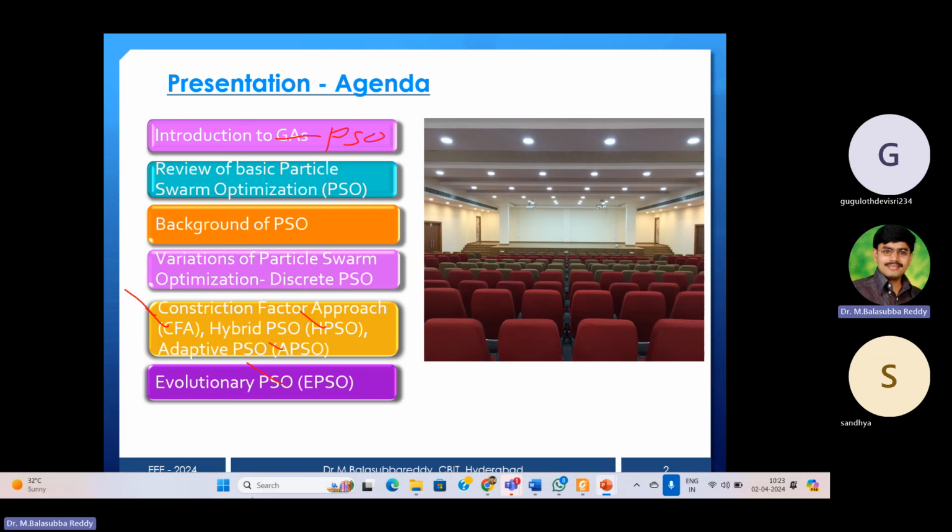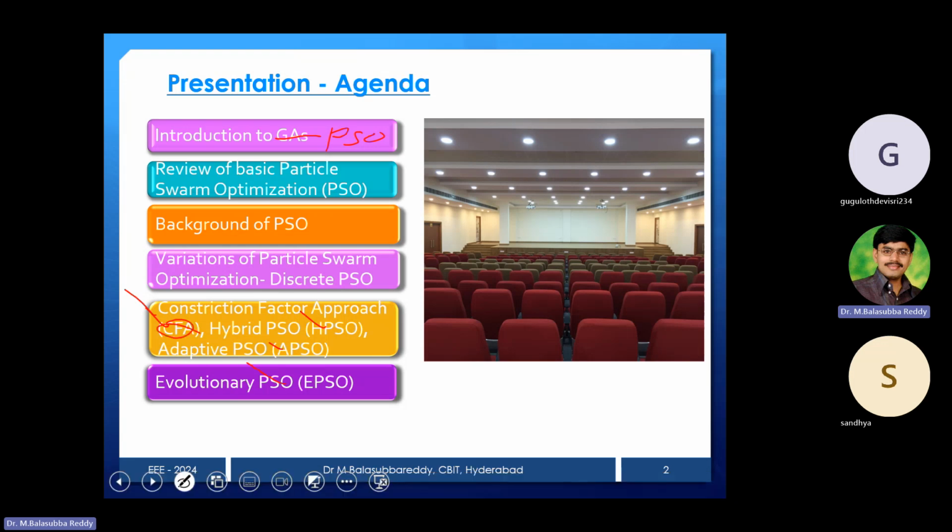In the basic case, the factors are all fixed, some constants and all. Now we'll see one by one what the constriction factor approach, hybrid PSO, adaptive PSO and evolutionary PSO are.